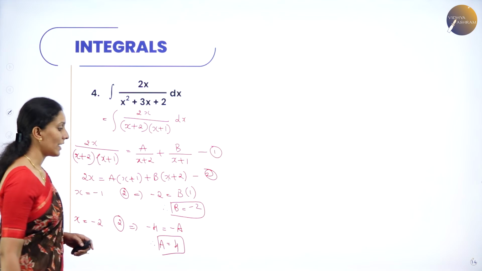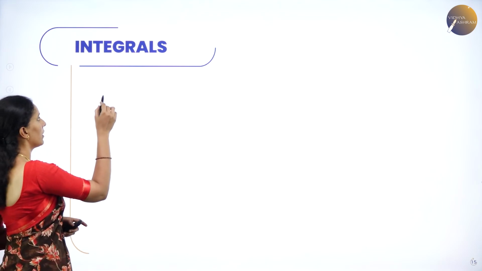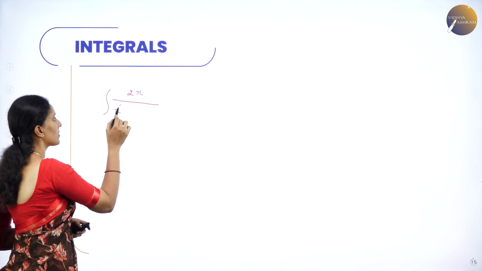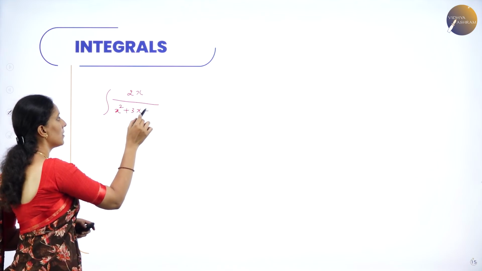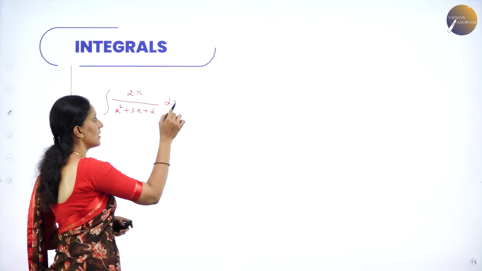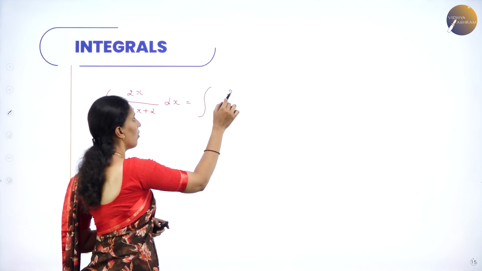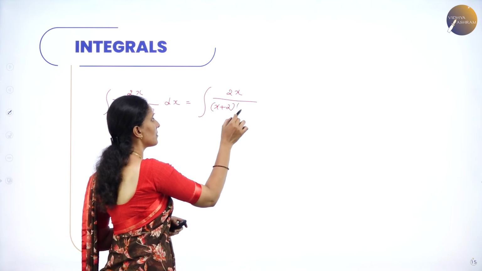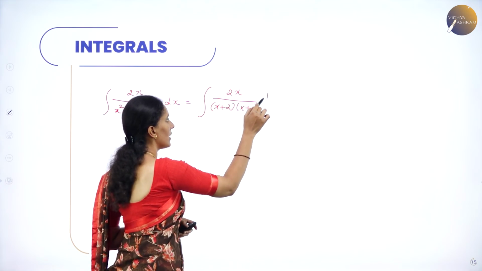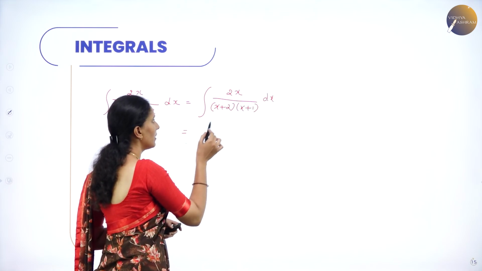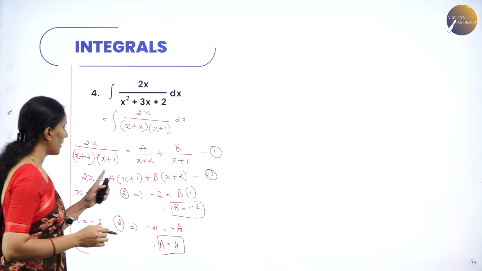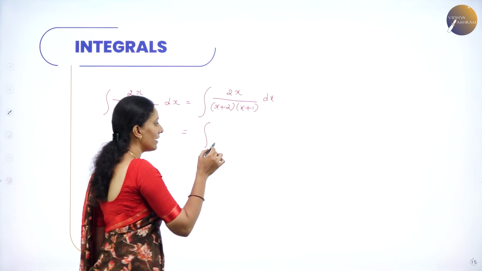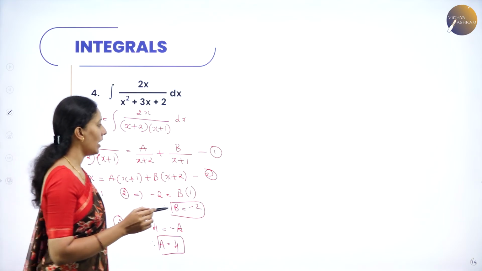Now we got what is a, what is b. So therefore the integral of 2x divided by x square plus 3x plus 2 dx is nothing but the integral of 2x divided by (x plus 2)(x plus 1) dx. We have to take two separate fractions, that is the integral of a divided by x plus 2. What is the value of a? It is 4.